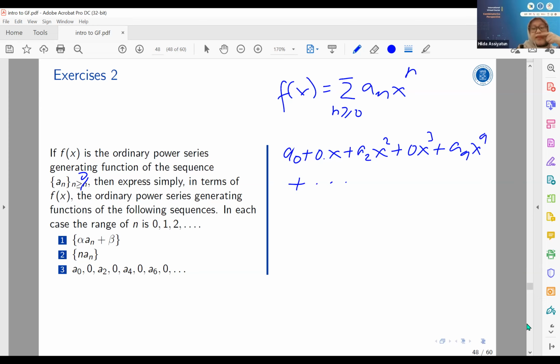So this would be equal to a0 plus a2 x squared plus a4 x to the 4.